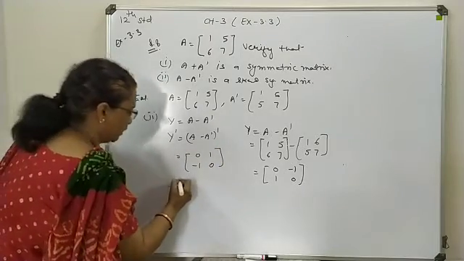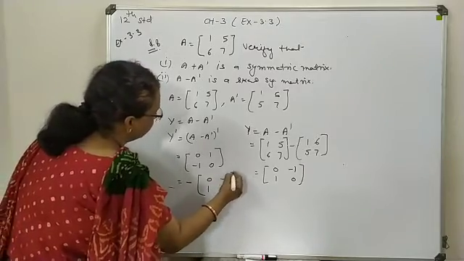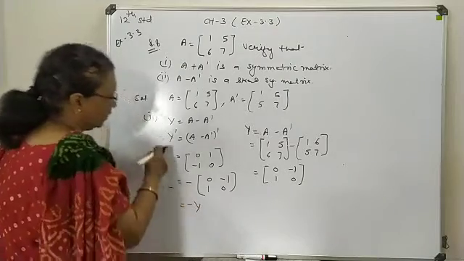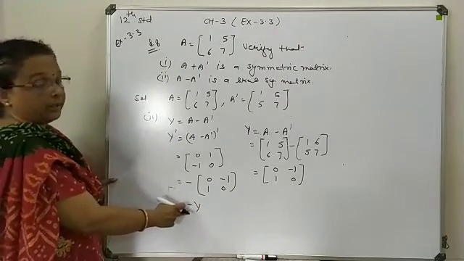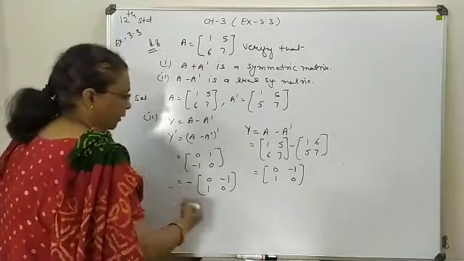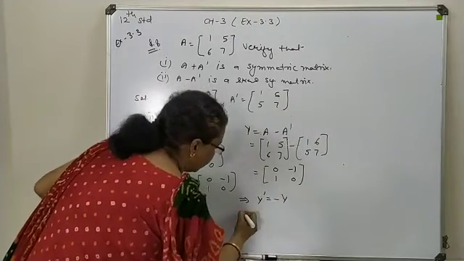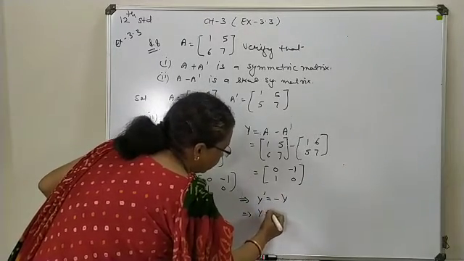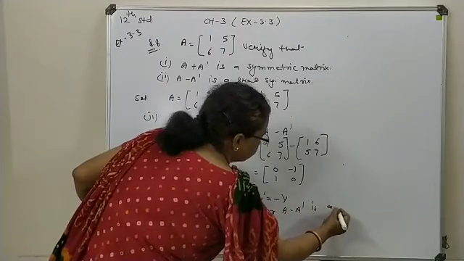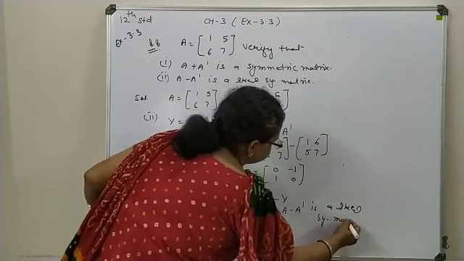We take the negative sign common from here, so it will be converted as minus of 0, minus 1, 1 and 0, which was your original Y. So you can see your Y dash is coming out as minus Y. This is a property regarding the skew symmetric. So we can conclude here that Y dash comes out as minus Y. That means Y, or you can say A minus A dash, is a skew symmetric matrix.